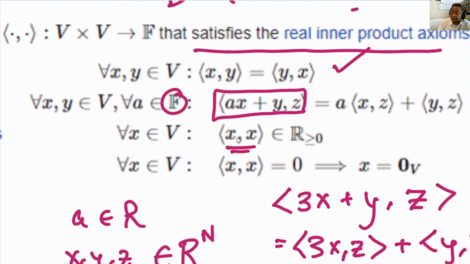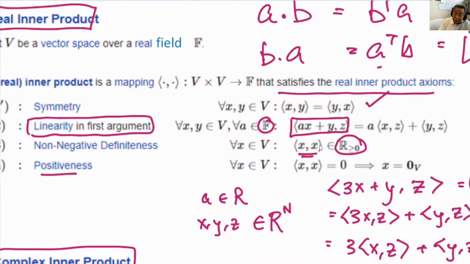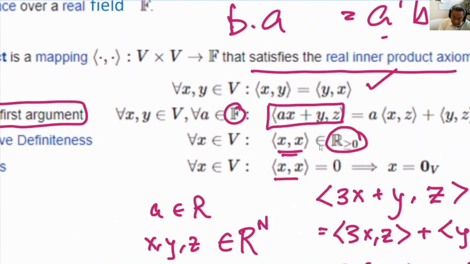Now, the other two requirements of a real inner product are these. Non-negative definite means that when we send x into an inner product with itself, it must be a real number that is positive or equal to 0. And the last condition is positiveness, saying that this can be equal to 0 only when we send the 0 vector in. And when we do this, the inner product always giving us a positive number allows us to use the norm.